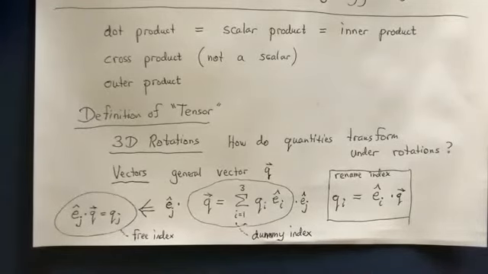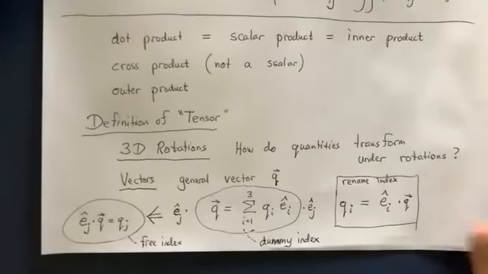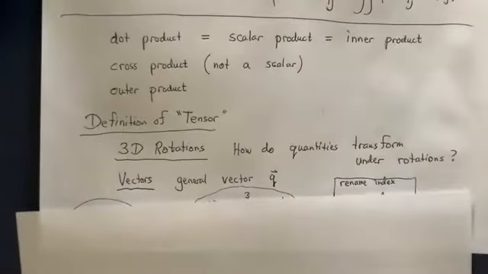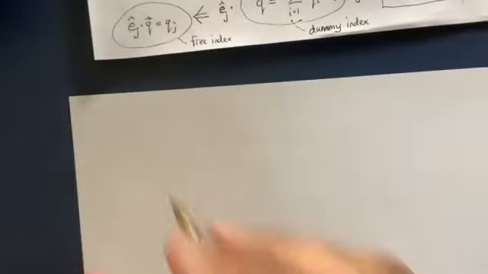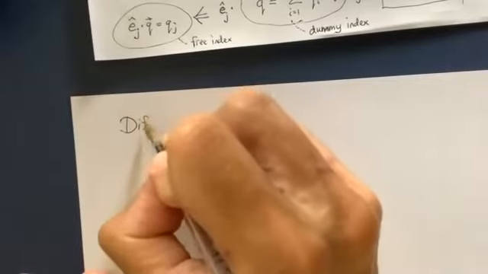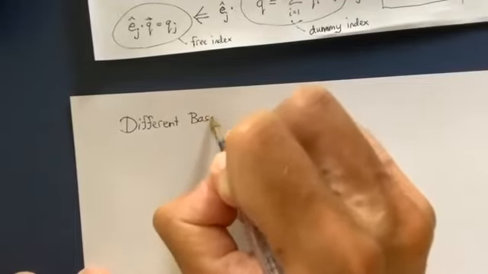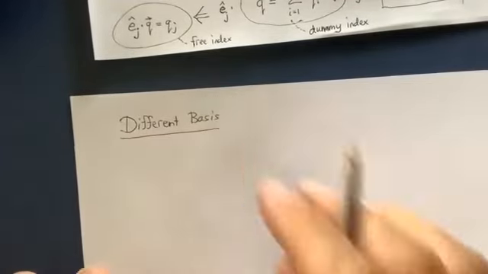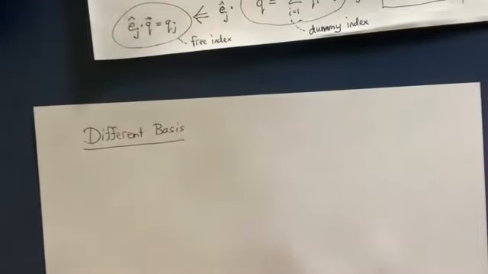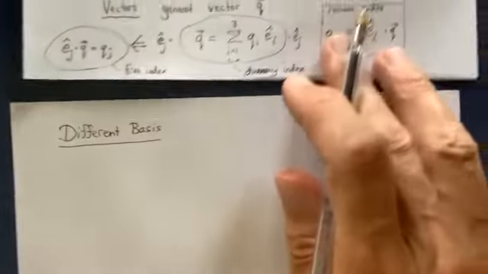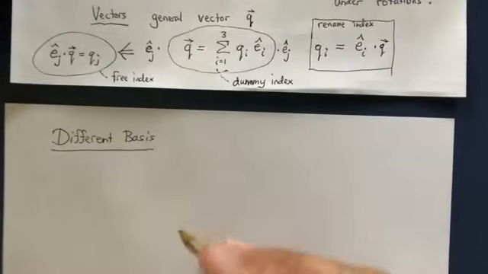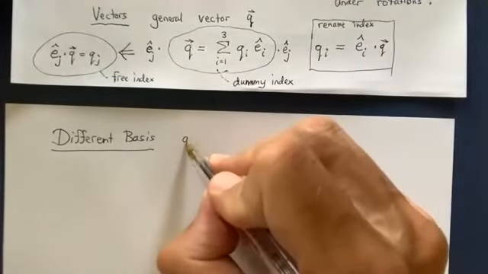Okay, so to liven it up a bit, we'll bring in another choice of 3 different unit vectors. We're going to call them E prime I. So this is going to be a different basis. And very much in the spirit of this result that we had here, the coefficients, again, it's the same Q vector, just a different basis.